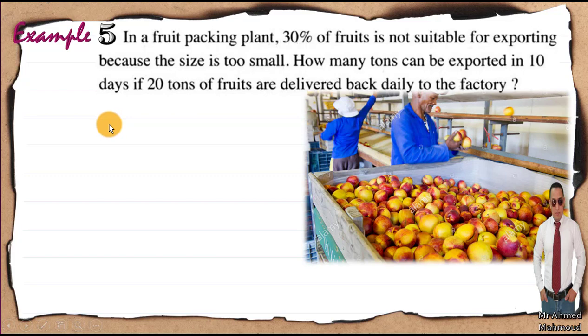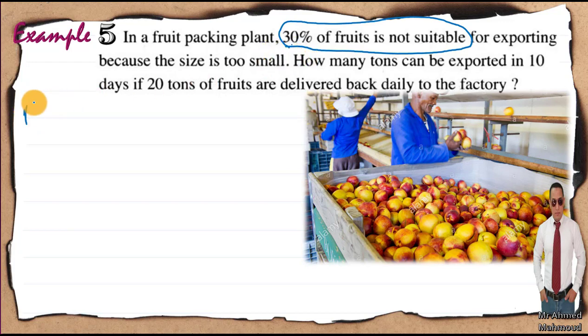Okay, now I have the probability of the unsuitable part equal 30%. This is the probability of the unsuitable part.